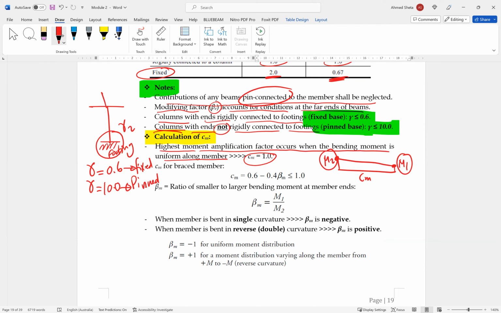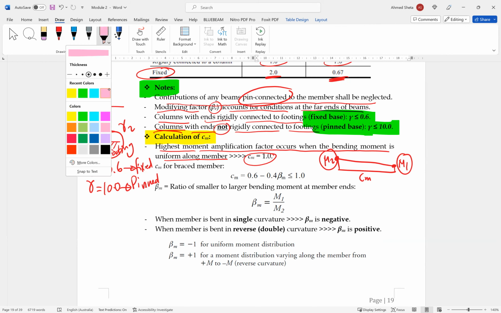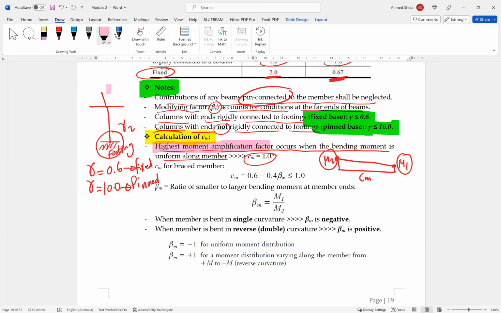So Cm is the highest moment amplification factor, which occurs when the bending moment is uniform along the member, which means Cm equal to 1. We will see why this happens here.